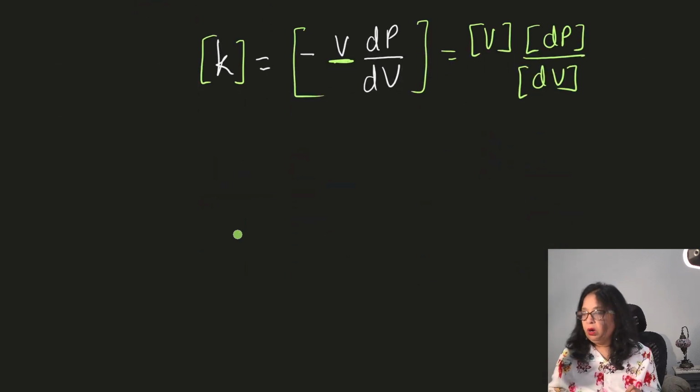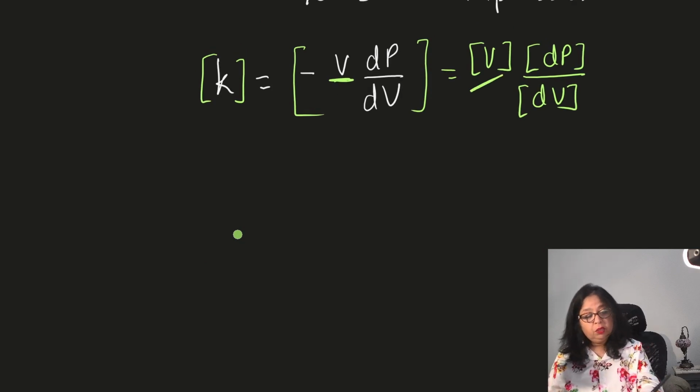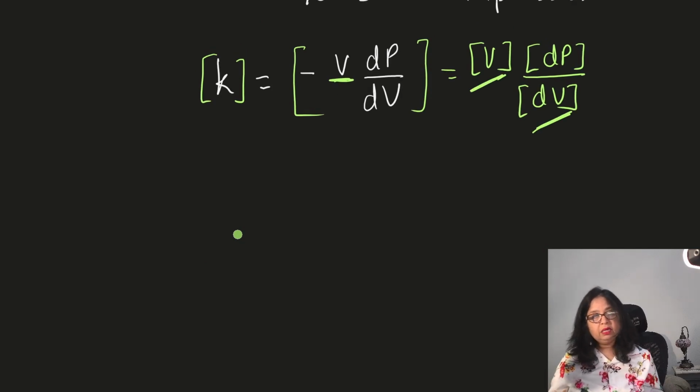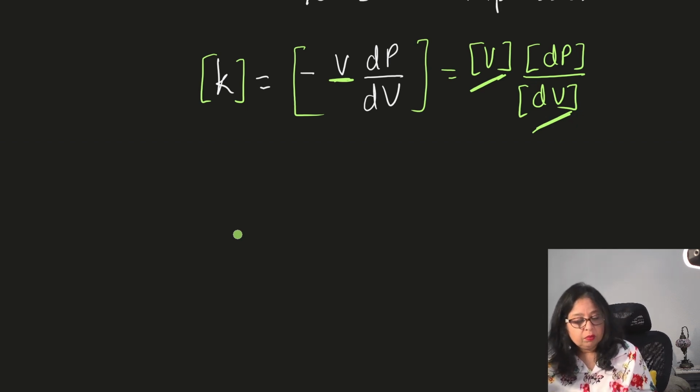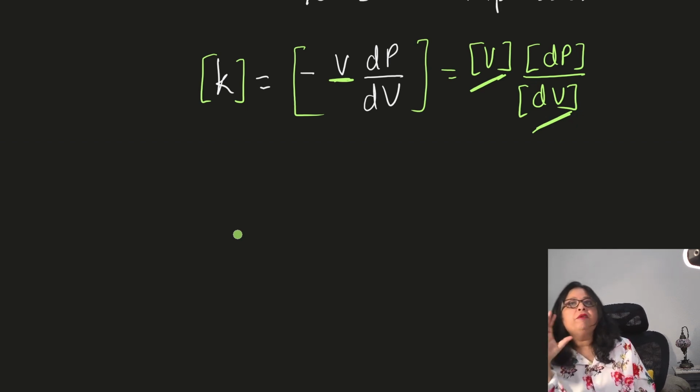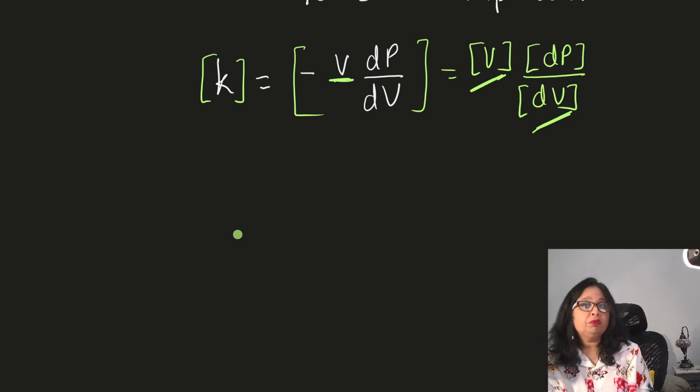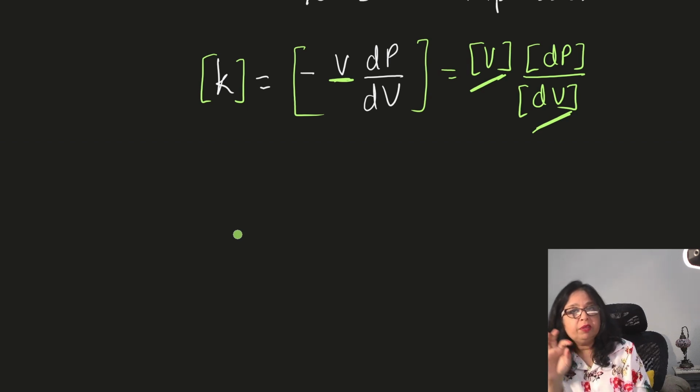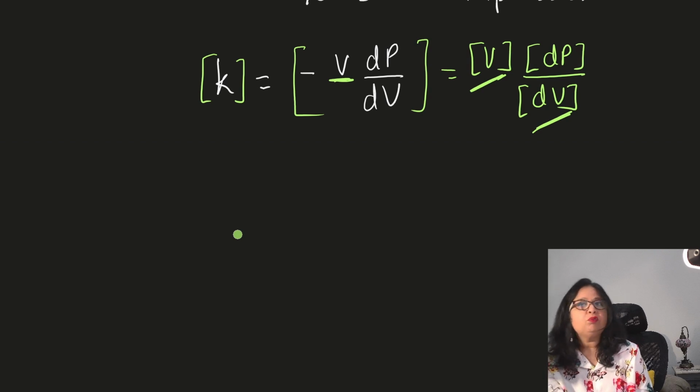Now, in terms of the units of V and the units of dV, dV is just the change in V, the volume, so they are going to be the same. If the volume changes from 10 liters to 8 liters, dV is negative 2 liters. The change is always final minus initial. And V at the top could be 15 liters, 20 liters, whatever.